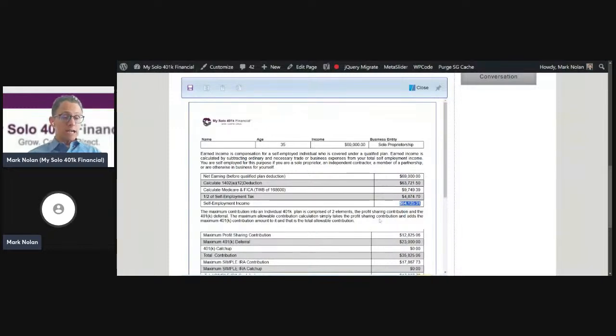Or if you file for a timely extension, so Form 1040, you're going to have until October 15 of 2025 to both open the solo 401k for 2024 and make the voluntary after-tax solo 401k contribution for tax year 2024. So you've got plenty of time to really supercharge your retirement account savings here on a Roth basis.